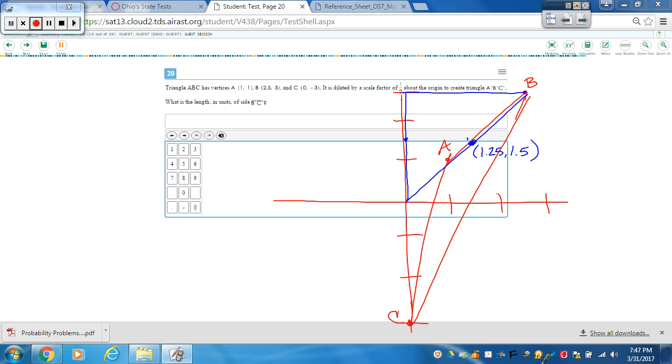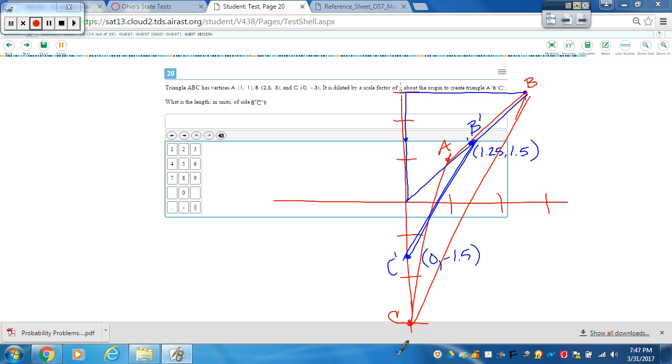So this point right here is over 1 1/4, up 1.5. Okay. For C, since I'm dilating at half the distance, this is a lot easier. This is up 3, so I'm going to go up half of that. And so as a result, this is 0, -1.5. I need to know this length right here, from B prime to C prime. That's what we're actually looking for, right?